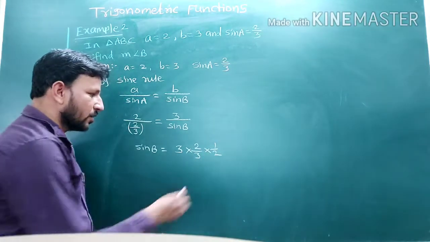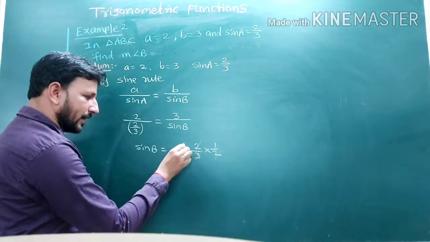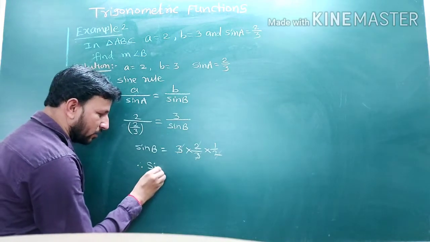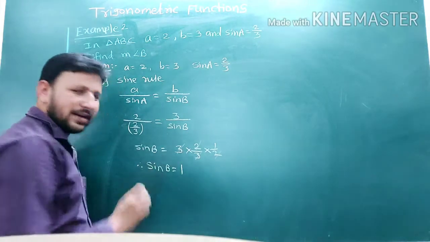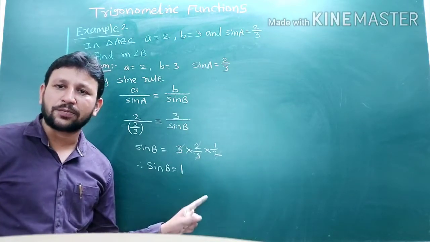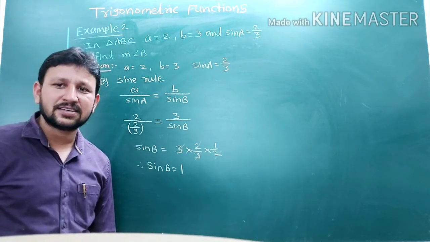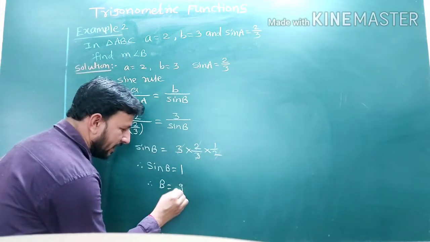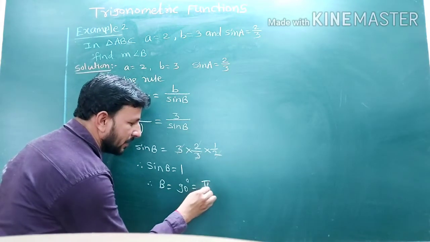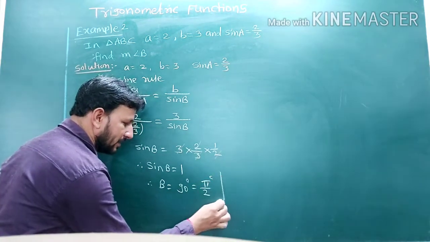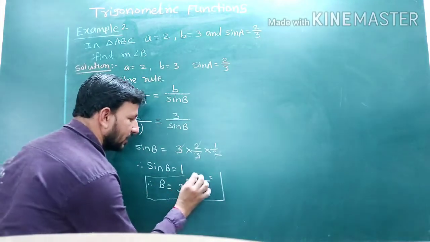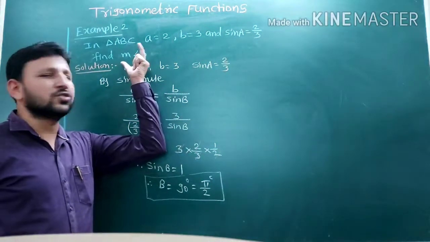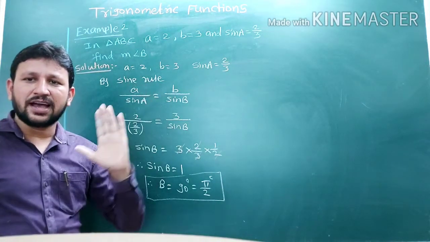Check calculation. 2 gets cancelled. 3 also gets cancelled. The remaining division is 1. Therefore, sine of B equal to 1. The trigonometric function sine for angle B is obtained as 1, which means angle B is 90 degrees. Therefore, B equal to 90 degrees, or if you are writing in terms of radians, then it becomes pi/2 radian. Write the answer by your choice, either in degrees or in terms of radian measure. This is the required solution. We get the answer for angle B.